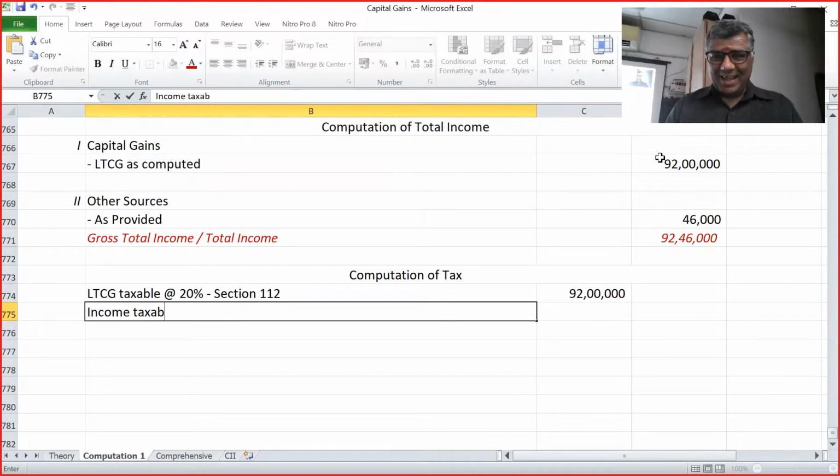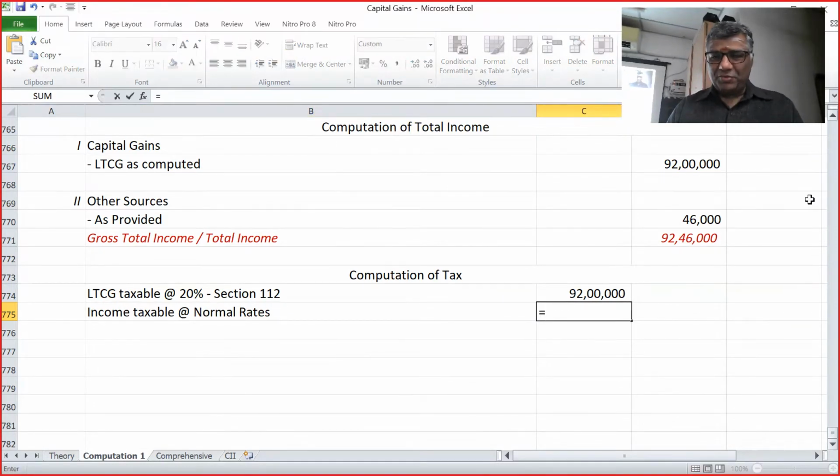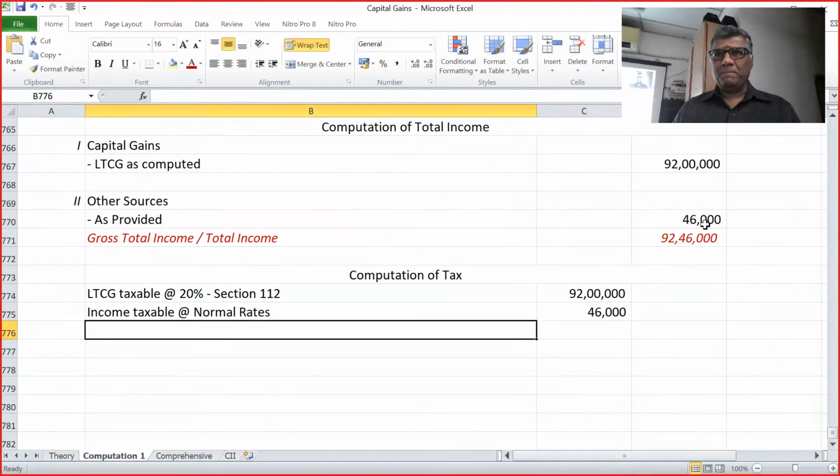Income taxable at normal rates is 46,000.